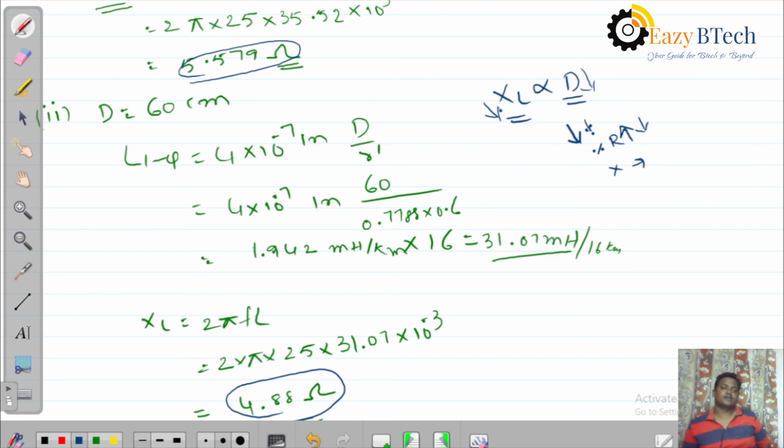In any competitive exam, they will ask if the distance between the conductors increases, what about the regulation? Regulation also increases. If regulation increases, it is not a good system. Okay, I think you understand what is meant by single phase transmission system inductance calculation, the derivation part and problems related to single phase inductance calculation. Thank you.